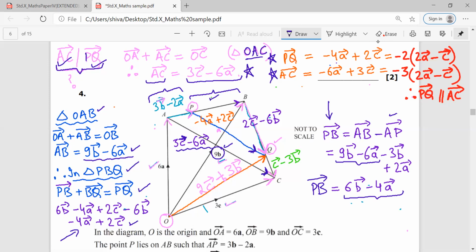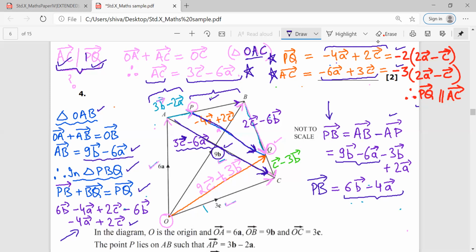Now when I look closely at these two vectors, I can take minus 2 common from this side and minus 3 common from this side. What this implies is that PQ vector and AC vector are parallel to each other.